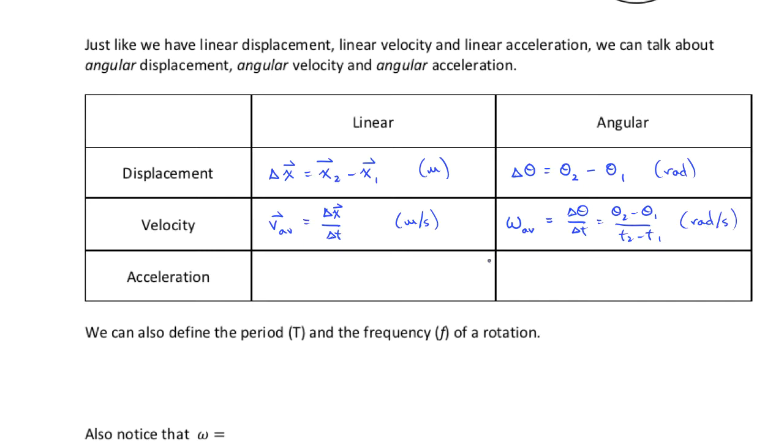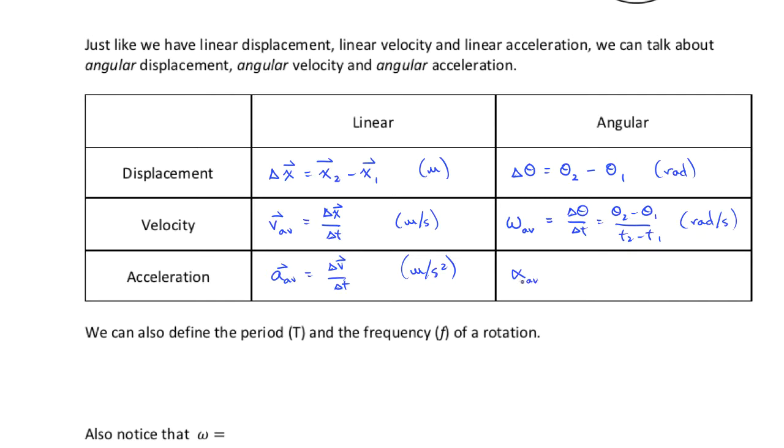Similarly with acceleration, the average acceleration in the linear case was equal to the change in velocity divided by the change in time, and that was units of meters per second squared. Dividing here again by seconds, if I want to find the average angular acceleration, I give that the symbol alpha, another Greek letter.